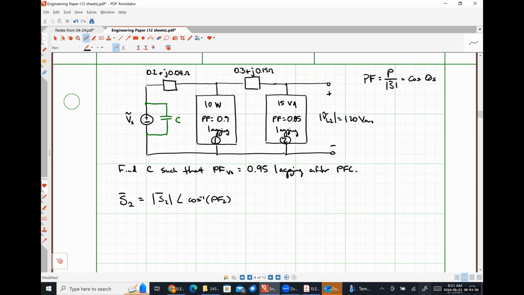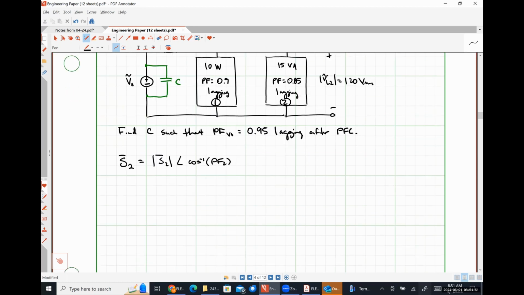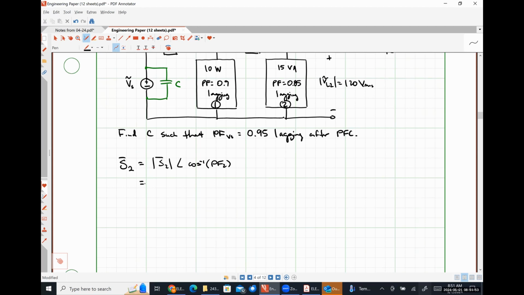If our power factor were leading, we would have to include a negative sign in front of that inverse cosine because the inverse cosine operation on our calculator is always going to give us a positive angle. So just wanted to point that out. So this is going to look like 15 with an angle of the inverse cosine of 0.85.